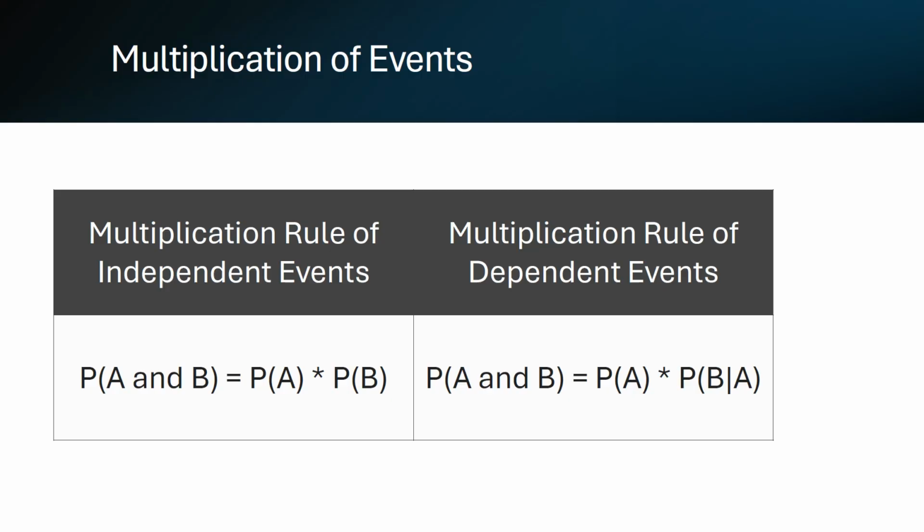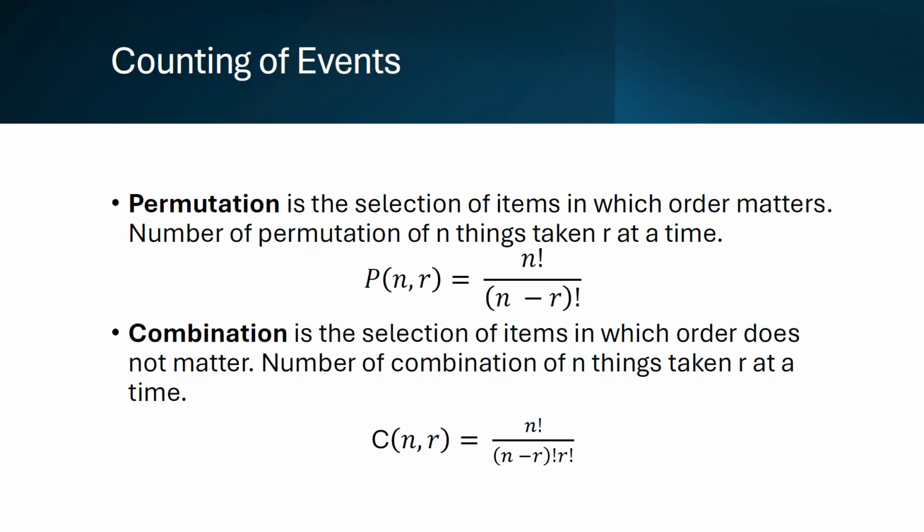So given n items, if we are selecting r items at a time where the order is important, the number of permutations of the selections is given by n factorial divided by (n minus r) factorial.